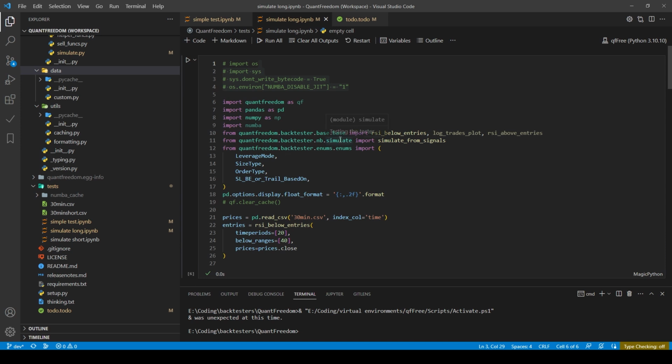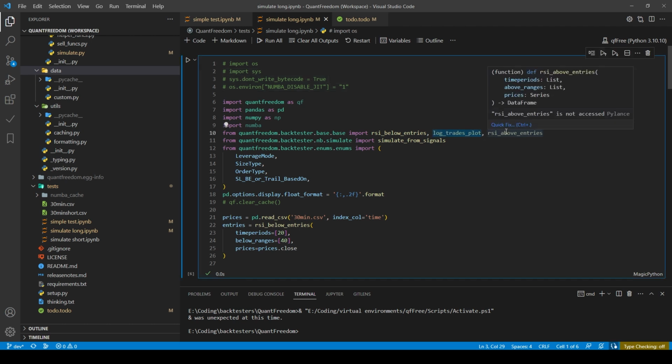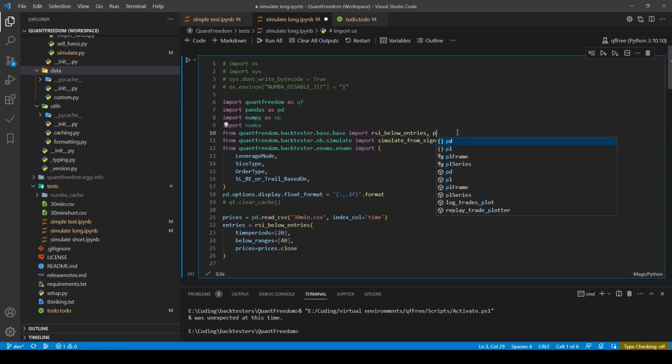Is it from the base? Log trade plots. Let's go ahead and change that. Plot trades. Plot individual trades.